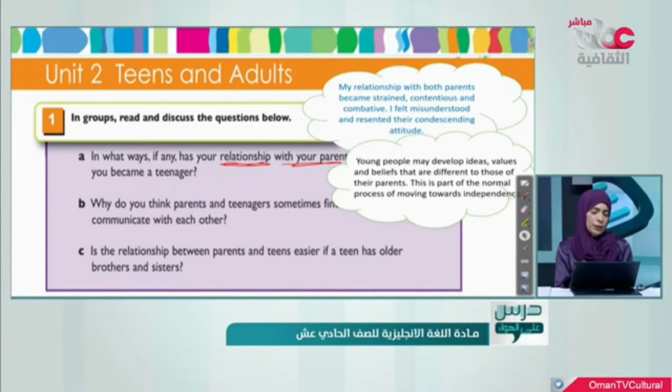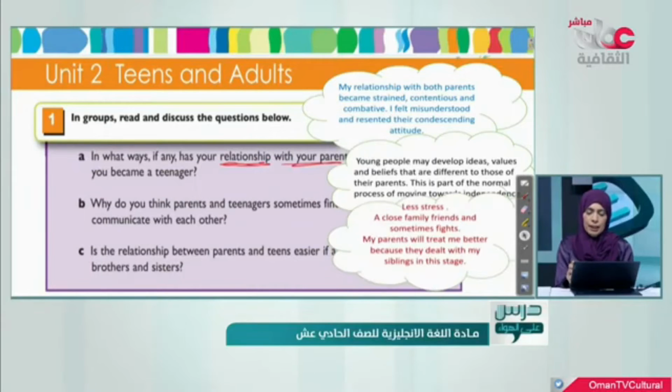Move to question C. Is the relationship between parents and teens easier if a teen has older brothers and sisters? Let us see what this student said. She mentioned a list of different things which reflect that she agrees.